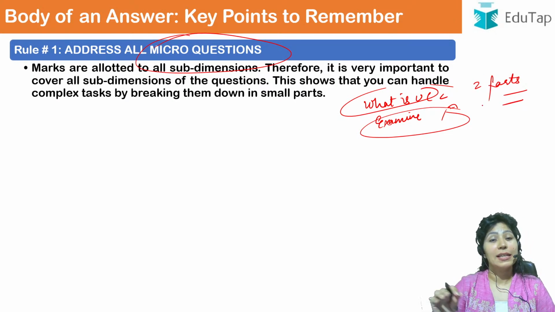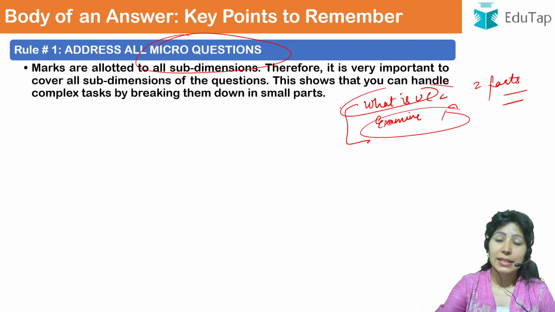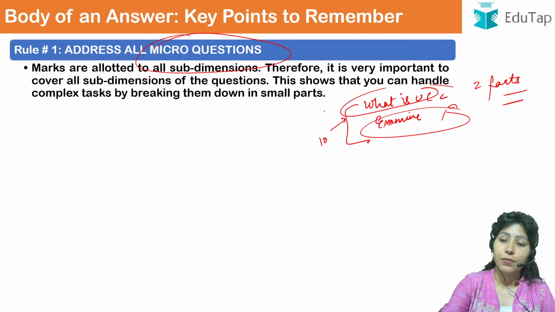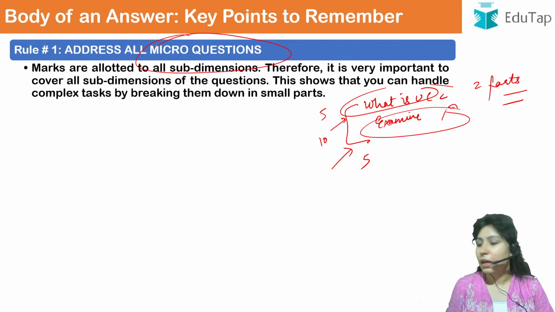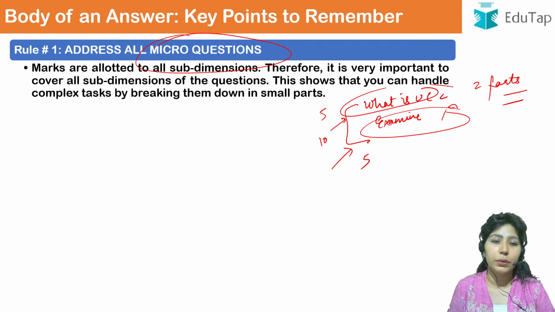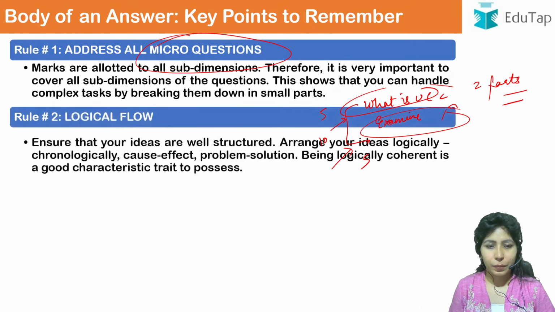This question has got 2 parts, and hence marks will be allocated equally to both of these. For example, if this question is for 10 marks, 5 marks are for what is UCC, and 5 marks would be for examine the need for a UCC in India. So marks will be allocated to all the sub-dimensions. Therefore, it is very important to cover all sub-dimensions of the question. This shows that you can handle complex tasks by breaking them down into small parts.